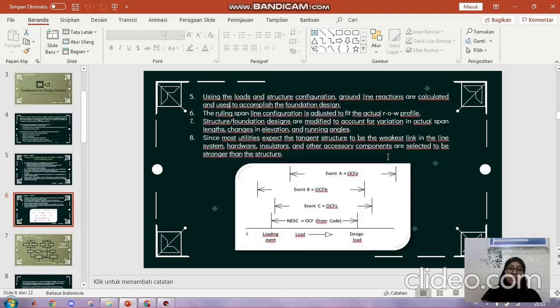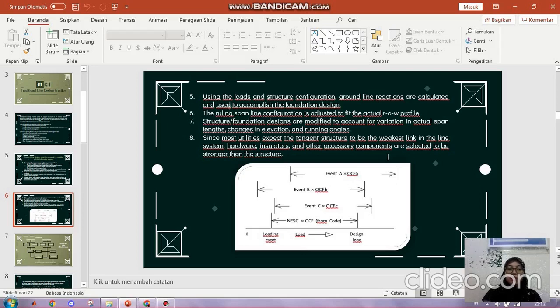Number five, using the loads and structure configuration, foundation reactions are calculated and used to accomplish the foundation design. Number six, the ruling span line configuration is adjusted to fit the actual route profile. Number seven, structure or foundation designs are modified to account for variation in actual span length, change in elevation, and running angles.